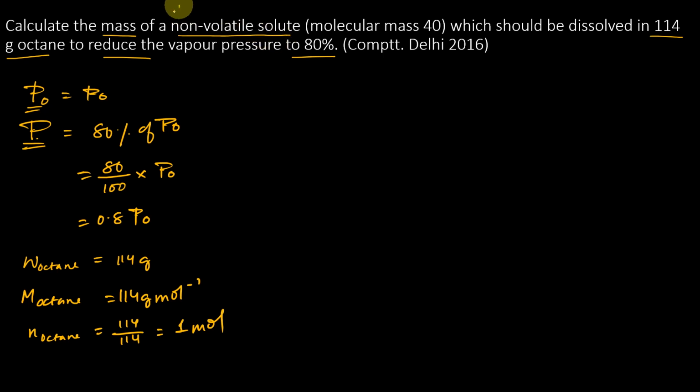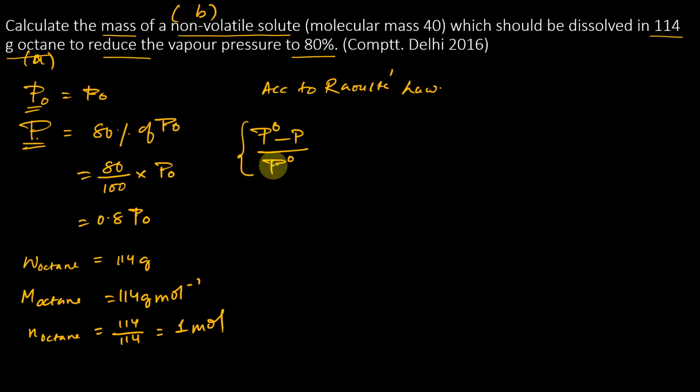The non-volatile solute we will consider B, and the solvent, which is octane, we will consider A. All right. Now, according to Raoult's law, what do we get? It says that the lowering of vapor pressure divided by the vapor pressure of the pure solvent, which is the relative lowering of vapor pressure, is equal to the mole fraction of the solute present in the solution.